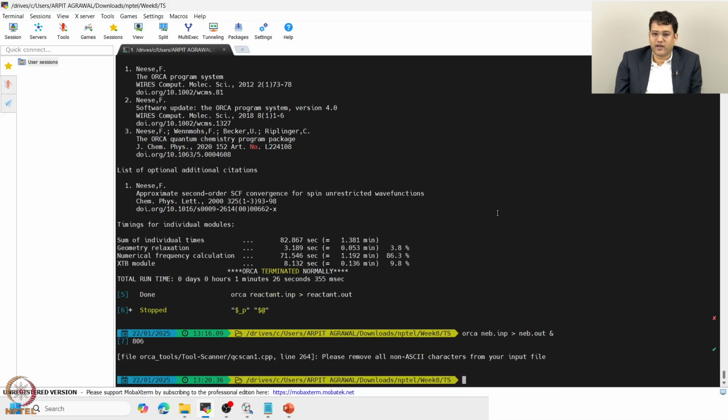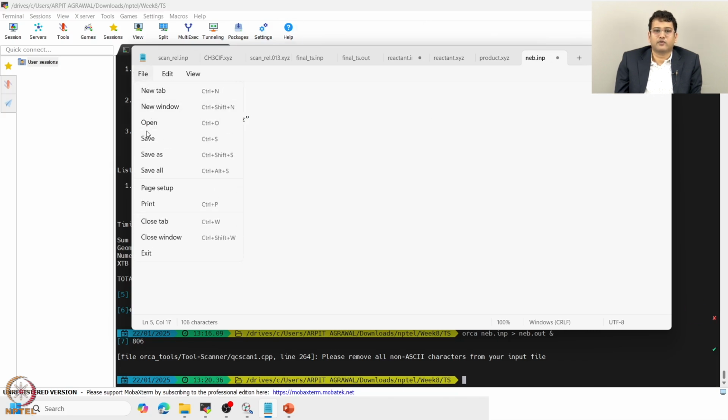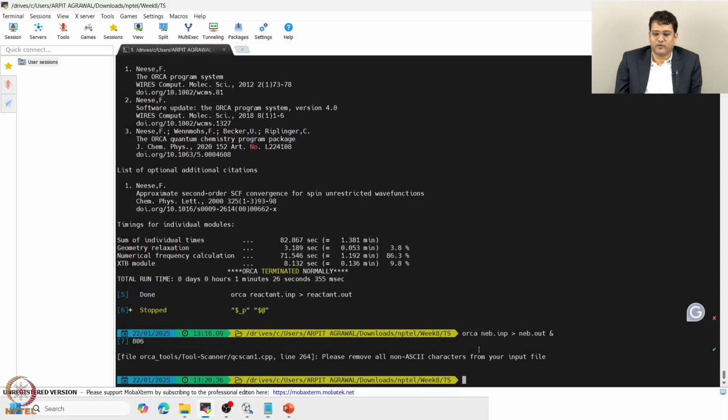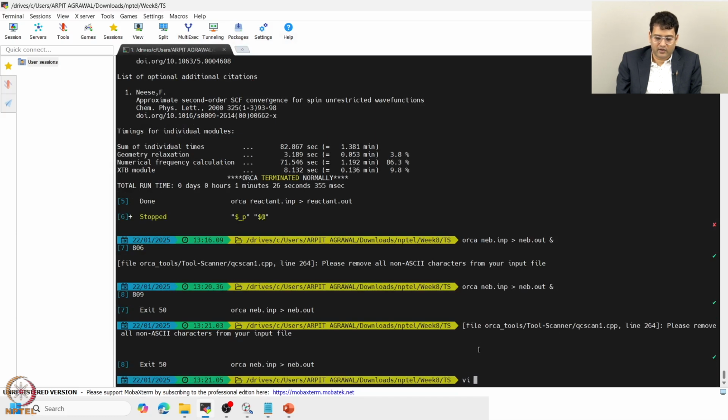Okay, it says there is some non-ASCII character in your input file. Maybe because I have done this copy pasting here. There is some non-ASCII character. Now save it. I hope this time this problem will not be there. There may be something more.